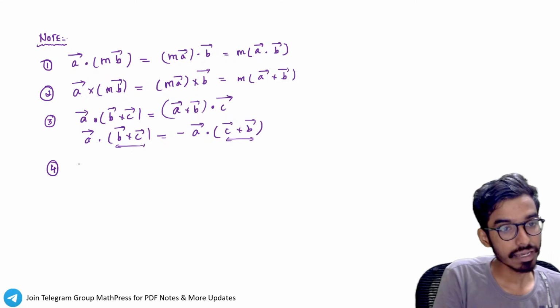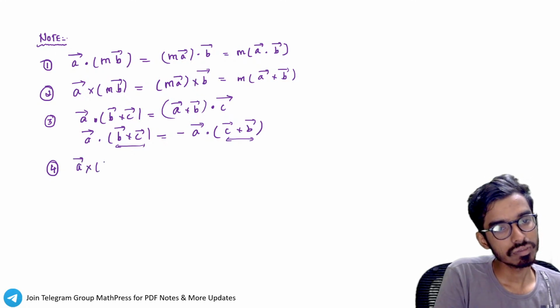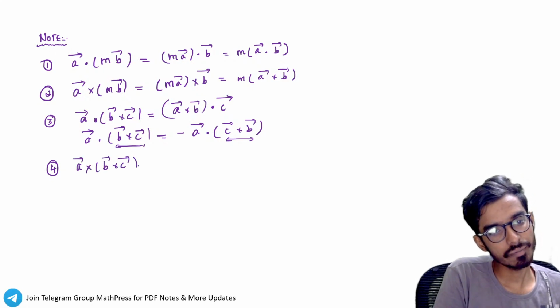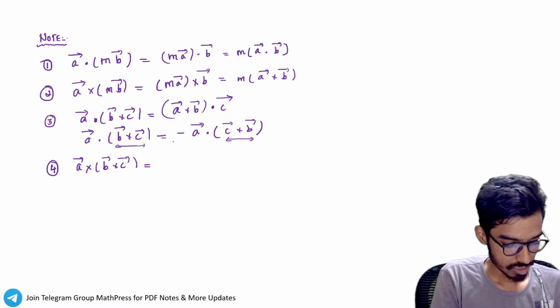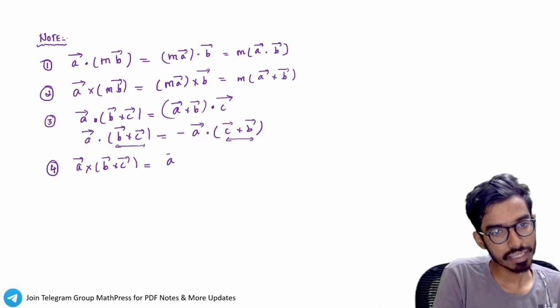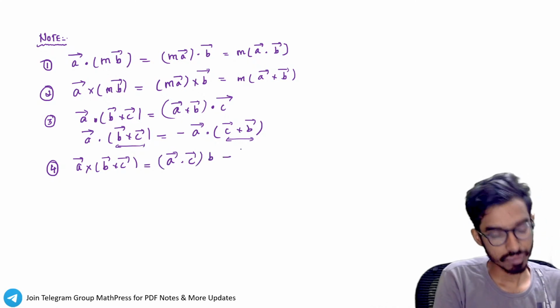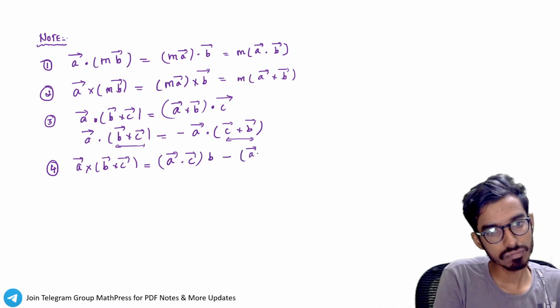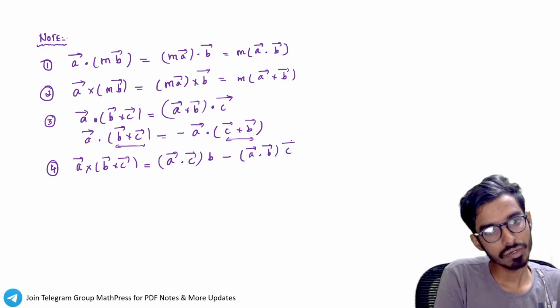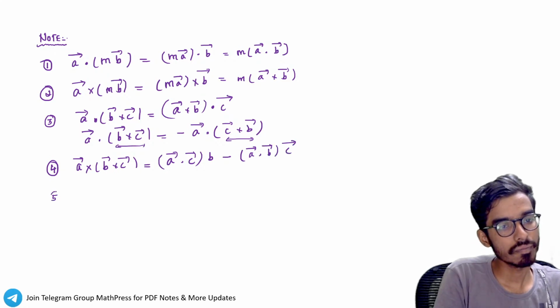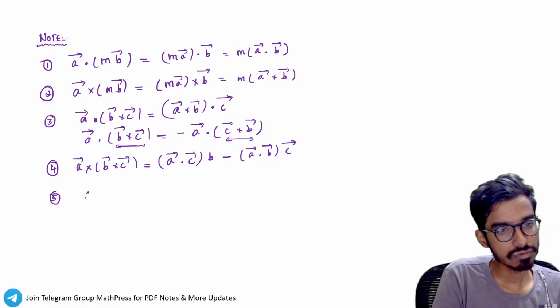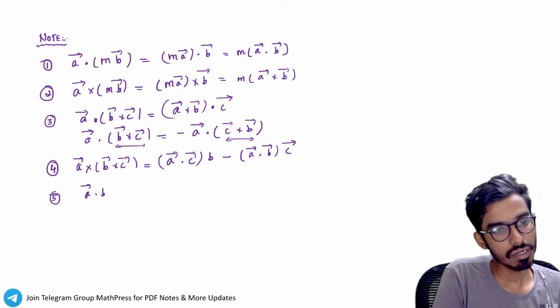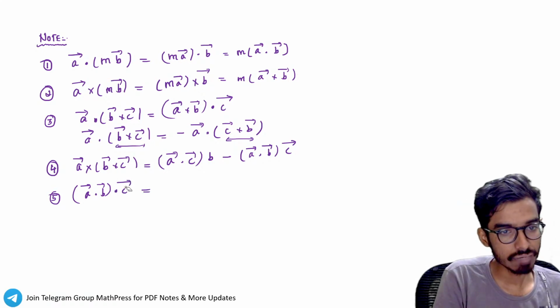The fourth property is a cross b cross c, which is the same as a dot c into b vector minus a dot b into c vector. And the fifth and the last is a dot b into c vector, sorry, this is normal c.